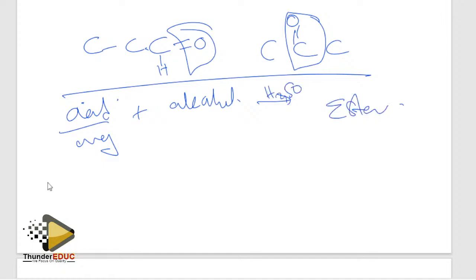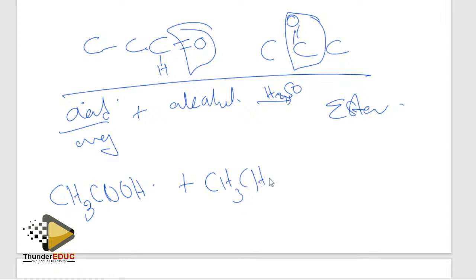Cool. For example, carboxylic acid, maybe ethanoic acid, plus an alcohol, maybe propan-2-ol. Let me say propan-1-ol. Yes, and then I form an ester.